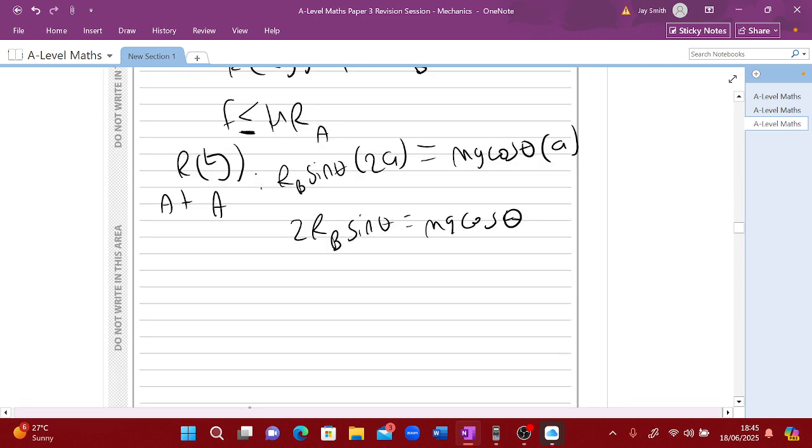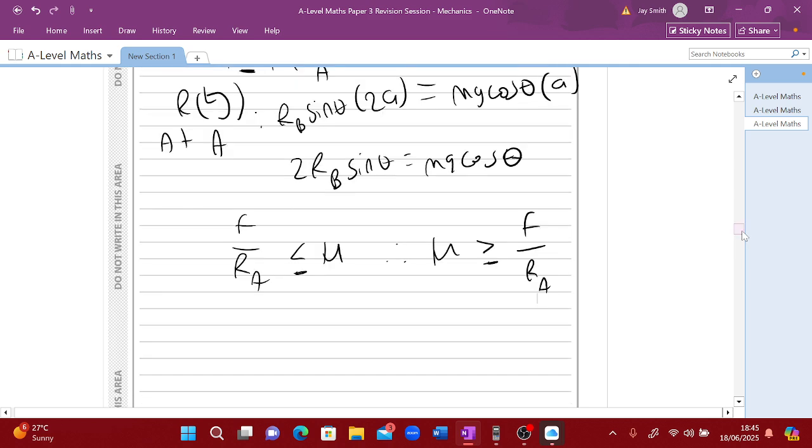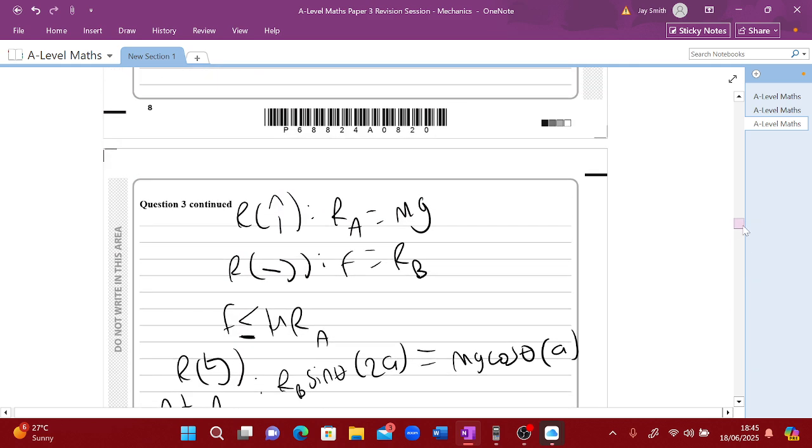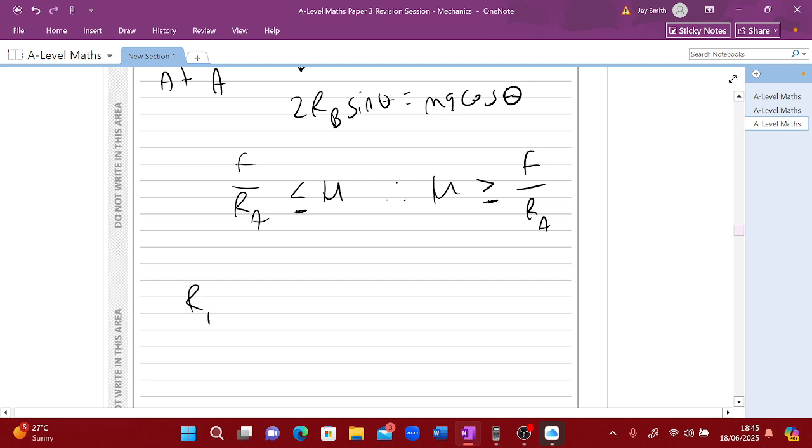Now we just need to get mu. F over RA is going to be less than or equal to mu. Or in other words, mu is going to be greater than or equal to F over RA. So we need expressions for F and RA. We know that F is equal to RB, but we also know from this equation that RB is equal to a half mg cos theta over sine theta.